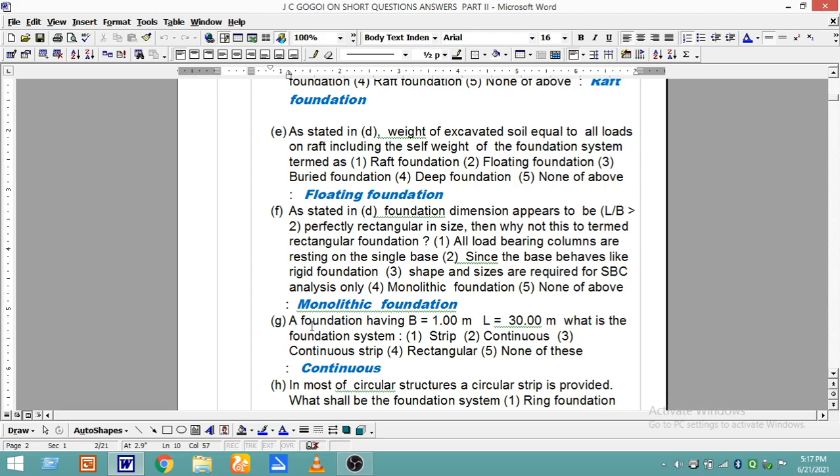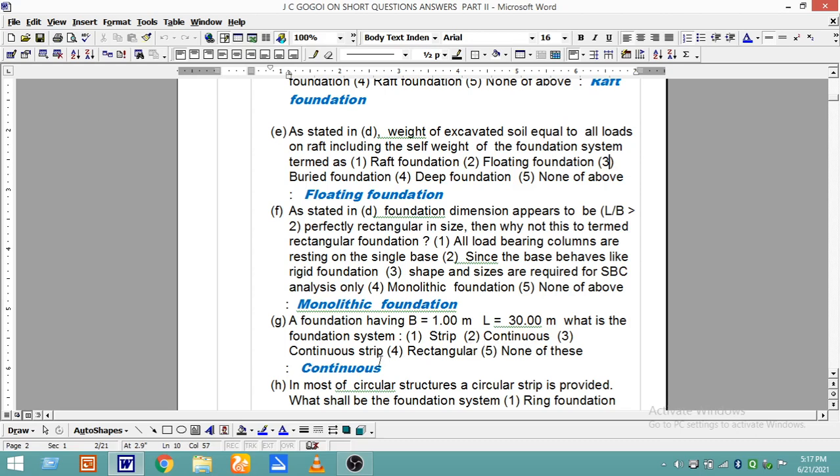A foundation having B equal to 1 meter, L equal to 30 meter. What is the foundation system? Given answers are: strip, continuous strip, rectangular, none of this.